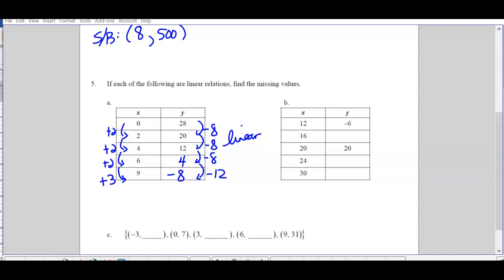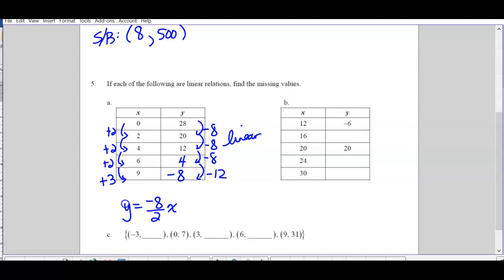If we wanted to come up with an equation to represent that relation, then think about you would have y equals, and for every change in 2 for x, we go down or subtract 8 for y. So basically negative 8 over 2 times x, which simplifies to negative 4x.